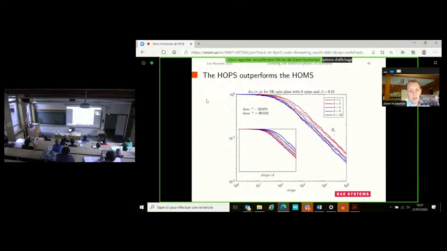So I'm showing the same plot here, but I've flipped what dots and lines are. Now the dots are this higher order programming sampler, and the lines are the Metropolis one. And you can see that the dots are basically below the lines. Not a lot, but some. And again, bear in mind this is a very small example, right? It's a 9-spin Sherrington-Kirkpatrick class. Let's change the temperature.